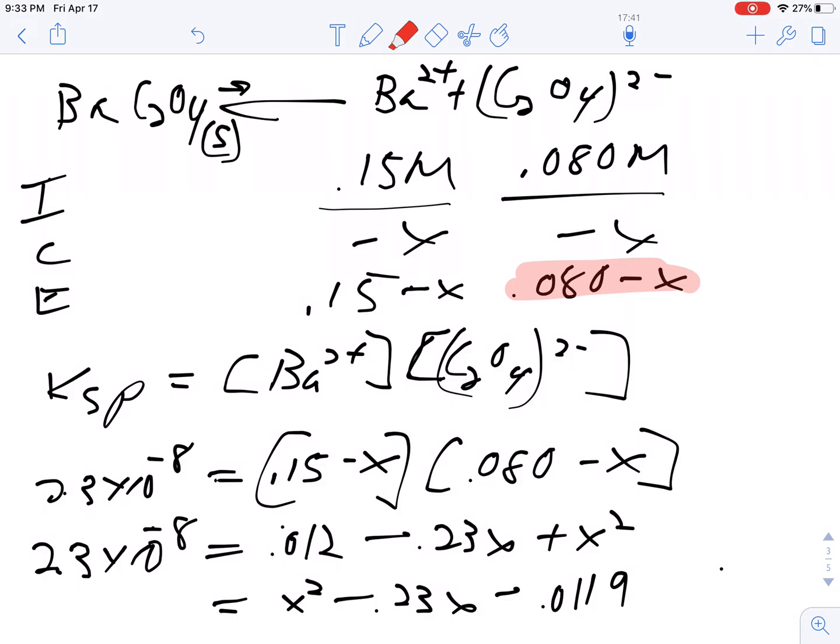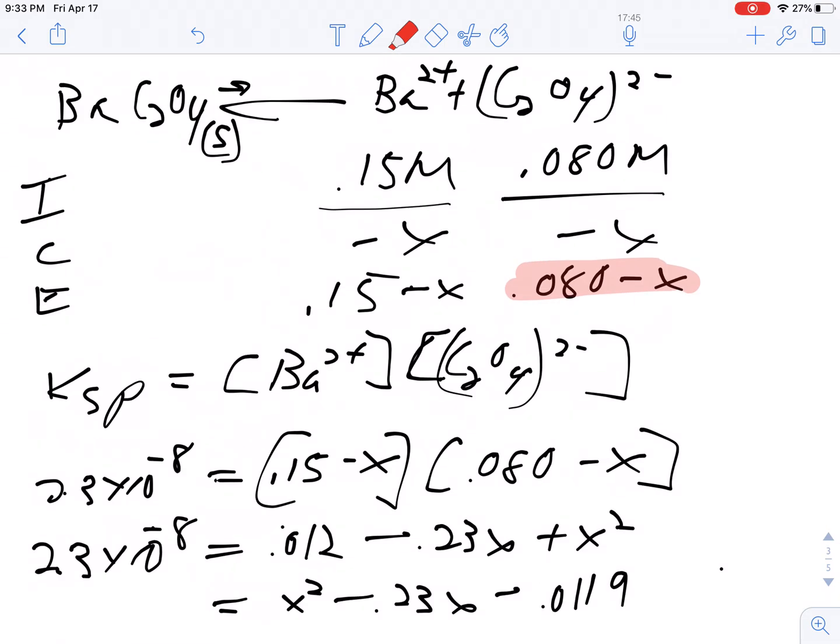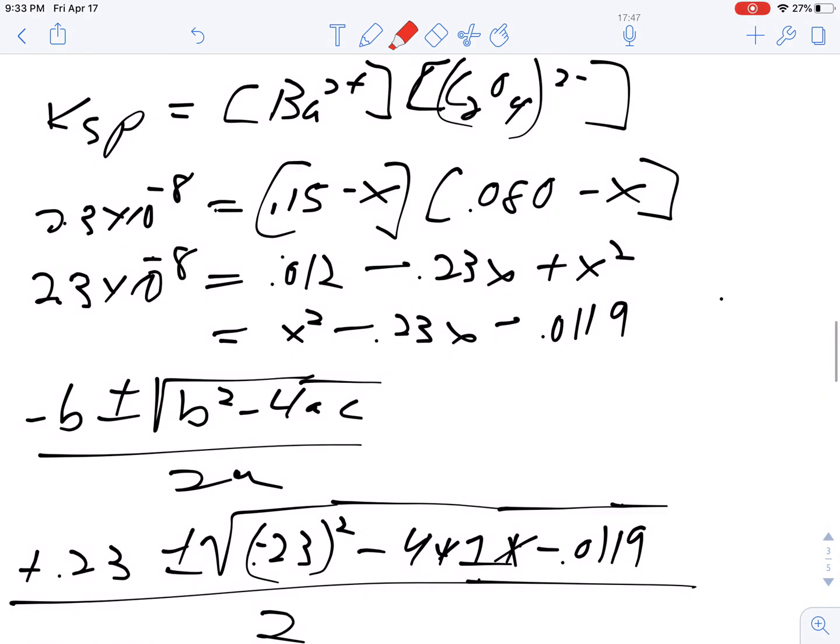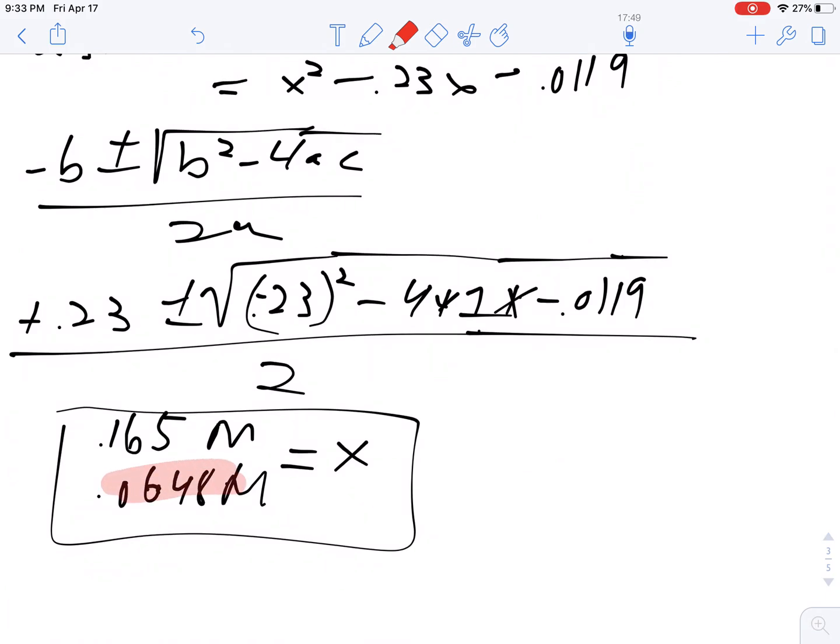So that can't be. So this must be the correct number. So 0.15 minus 0.0648, that's going to give me the concentration of the barium.